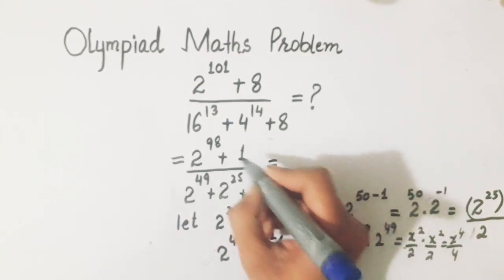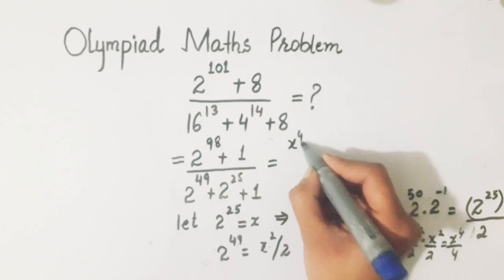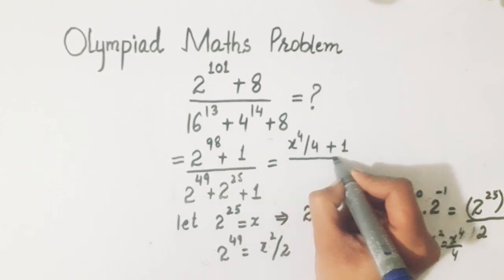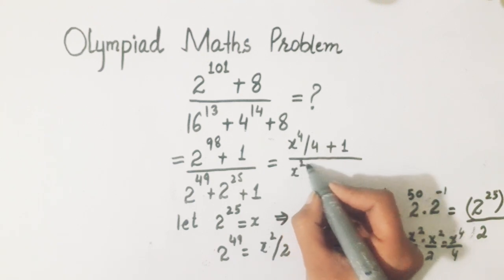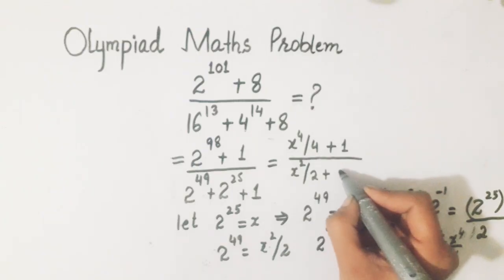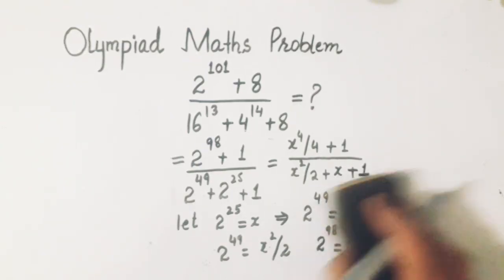So we get 2 raised to power 98 plus 1 equals x to the power 4 divided by 4 plus 1, and in the denominator we have x square by 2 plus 2 raised to power 25, which is x, plus 1.